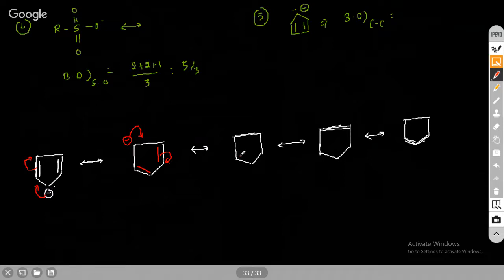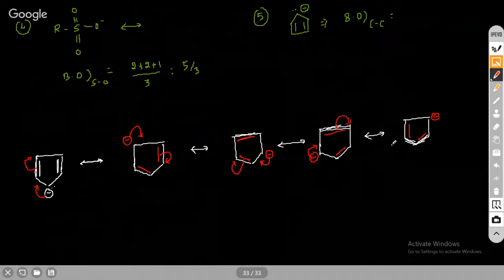Right, so here we have double bond as it is, and here we have the negative charge. Again, this negative charge goes here, this pi electron goes here. So here we have negative charge, double bond, this comes over here, and this goes here. So double bond, and negative charge.